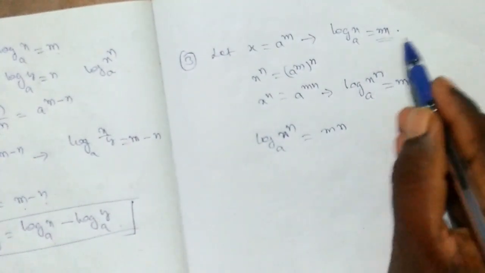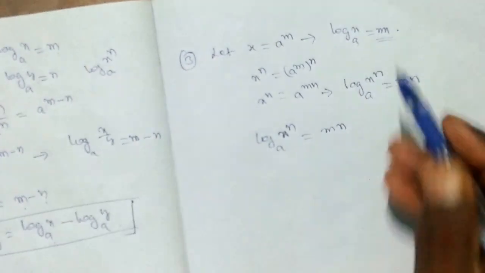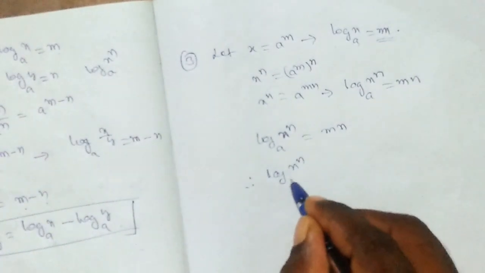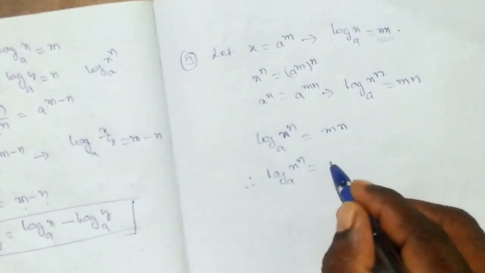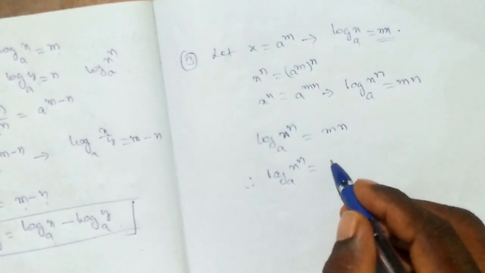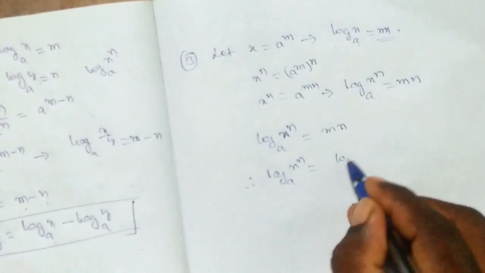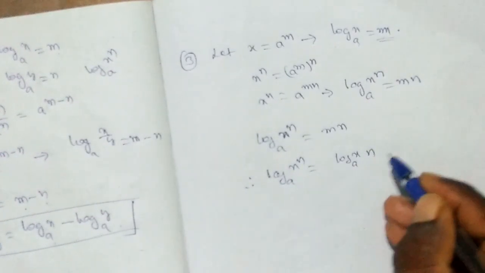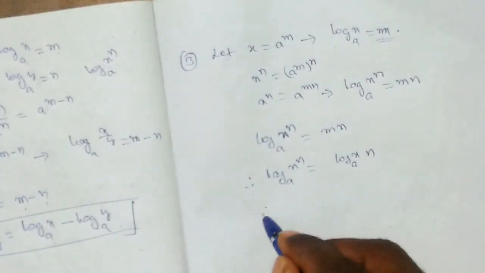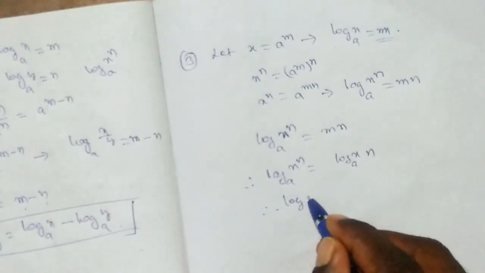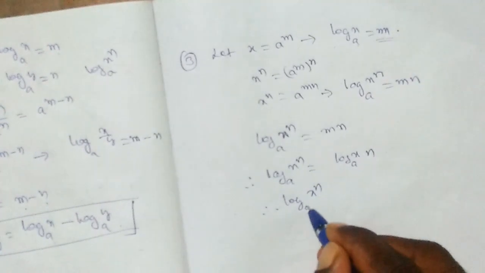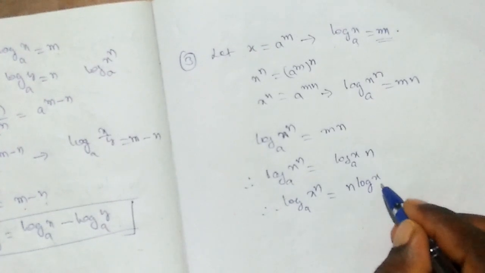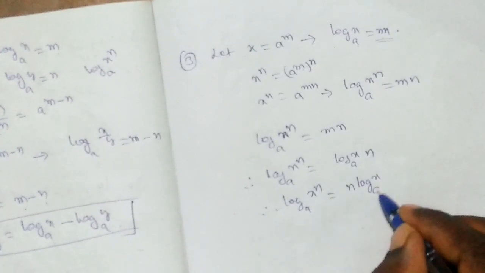What is the m value? Log x base a. Therefore log of x to the power of n base a is equal to log x base a into n. So you have to write n on this side also: log of x to the power of n base a is equal to n log x base a.